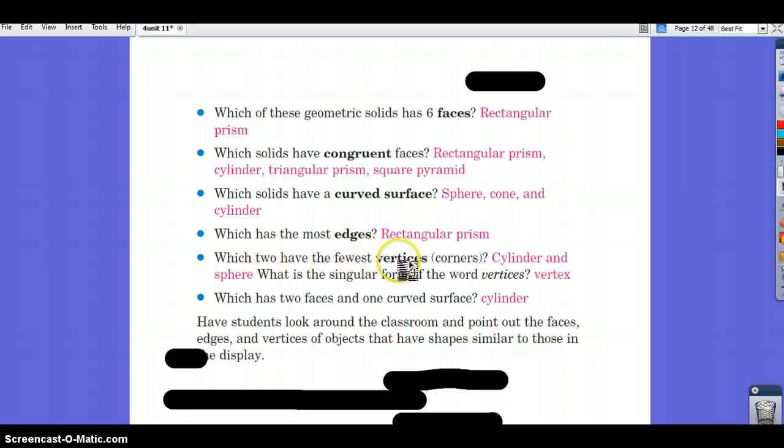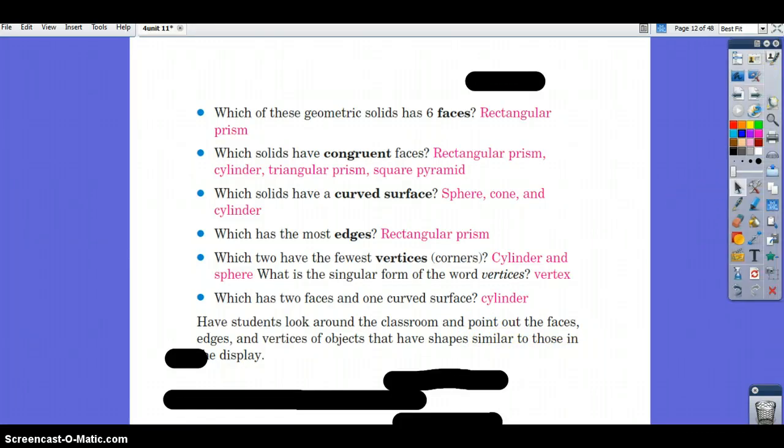Which two have the fewest vertices? The corners. A cylinder and a sphere. What is the singular form of the word vertices? The vertex. And which has 2 faces and 1 curved surface? The cylinder. So look around the classroom and look for faces, edges, and vertices of objects that have shapes similar to the ones displayed.